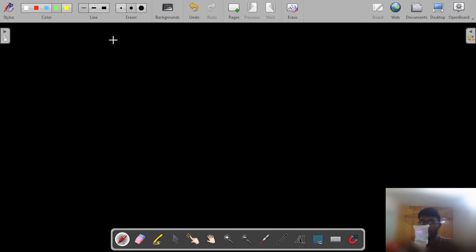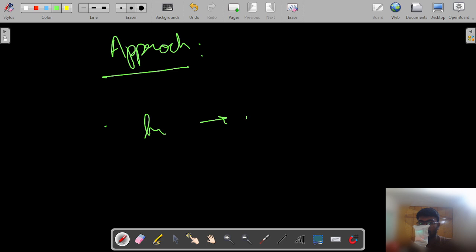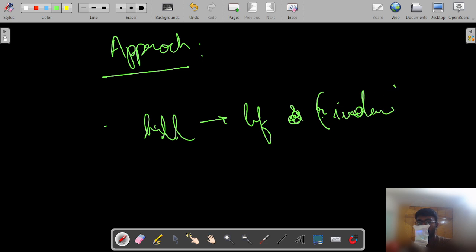The observation from the examples and the problem is, if it's a hill, then the specific index should be greater than the left and also the right.